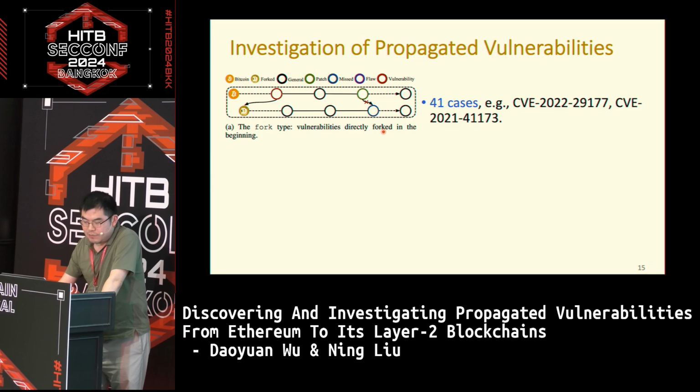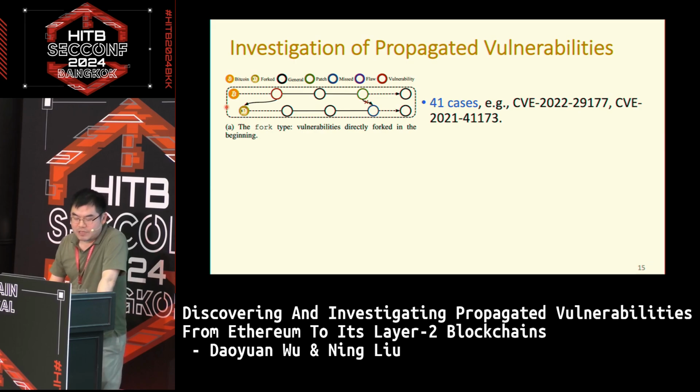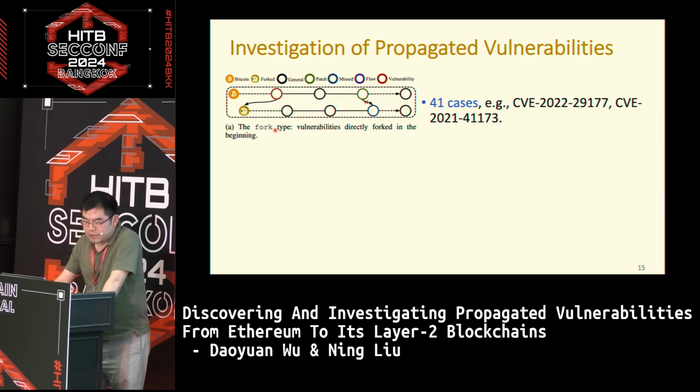One simple root cause is that Dogecoin is forked from Bitcoin, and Optimism is mostly forked from Ethereum. So when they do the forks, the vulnerability is already propagated from the layer 1 network to the layer 2 networks.